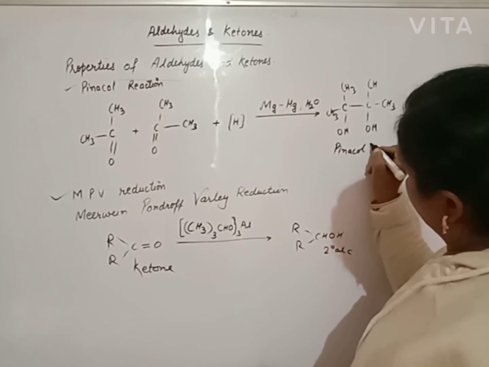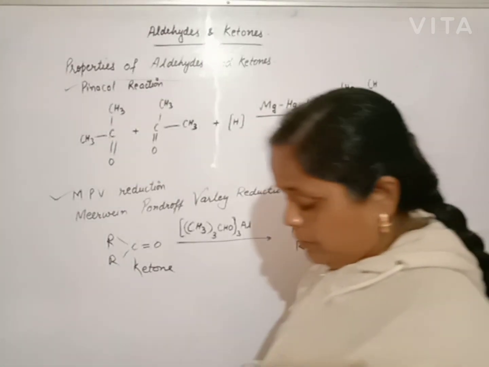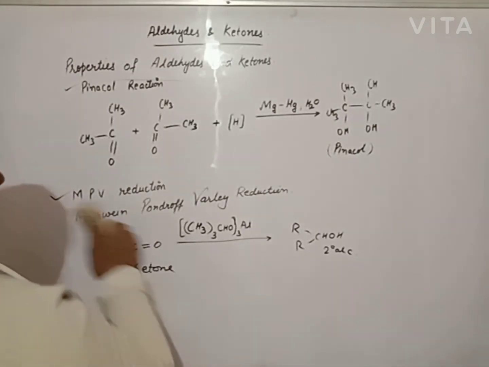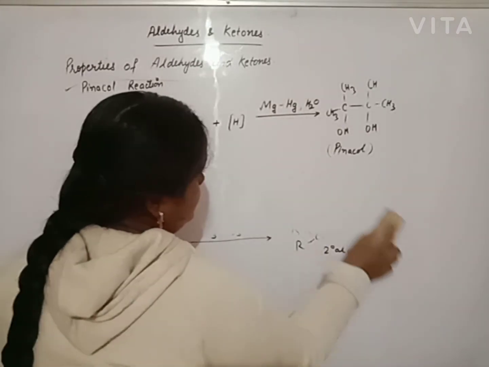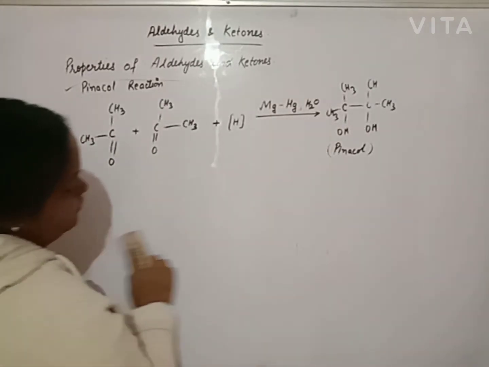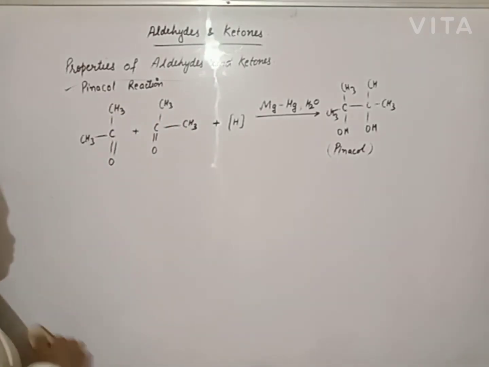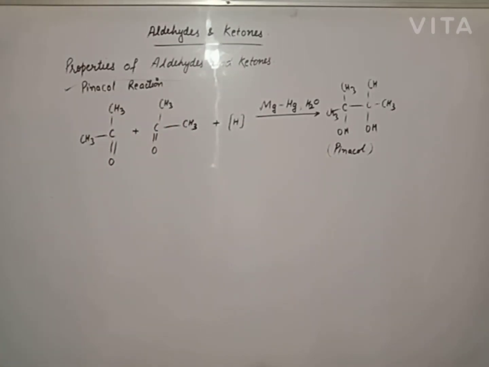Beta, pinacol is the common name. You will give the IUPAC name in what way? Beta, 2,3-dimethylbutane-2,3-diol.